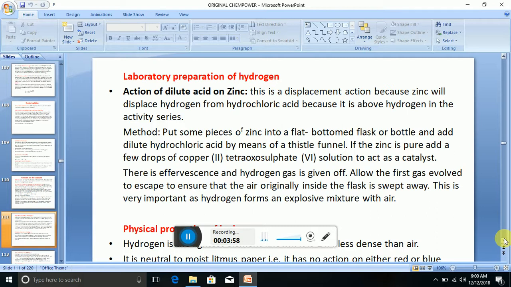There is effervescence and hydrogen gas is given off. Allow the first gas evolved to escape to ensure that the air originally inside the flask is swept away. This is very important as hydrogen forms an explosive mixture with air.